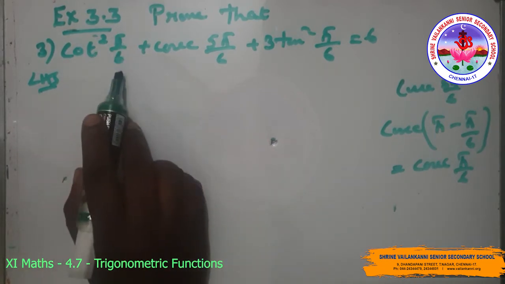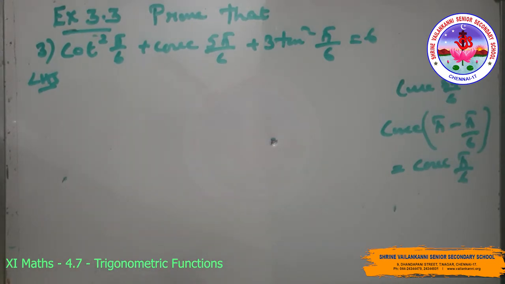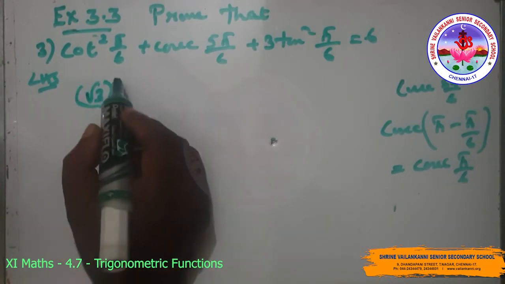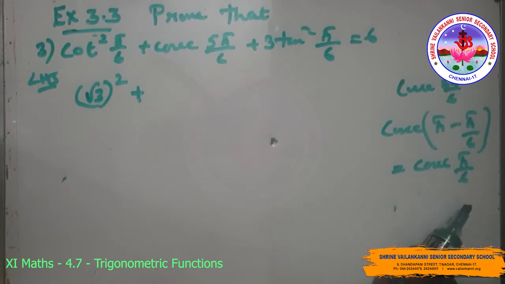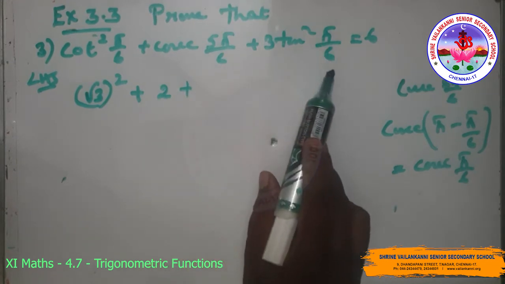So cot pi by 6 which is cot 30 degree, which is 1 by tan 30. So root 3 whole square. So root 3 whole square plus cosecant pi by 6, that is cosecant 30 degree, that is 1 by sin 30 which is 2. So 2 plus 3 tan square pi by 6.